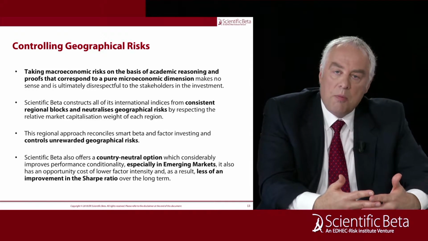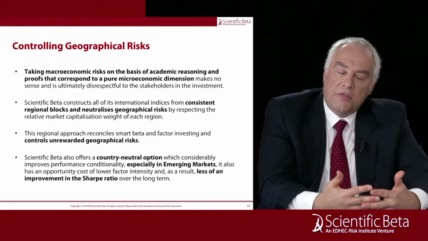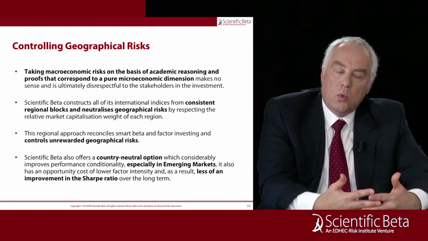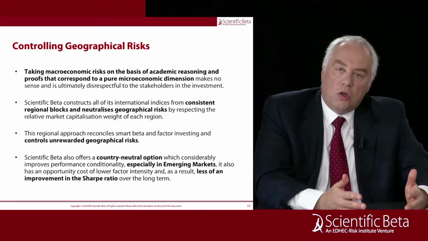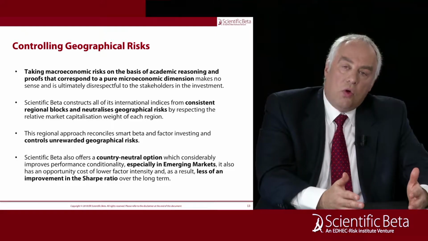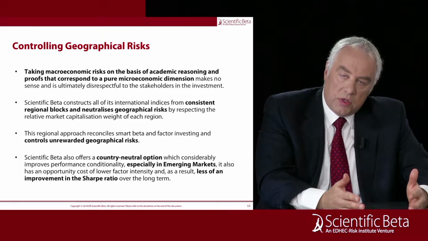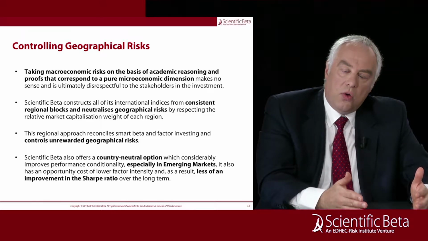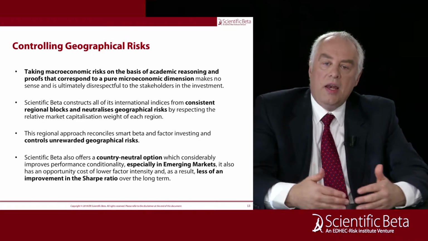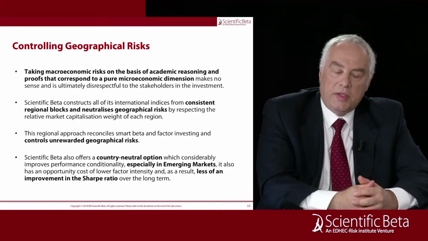So that is why at Scientific Beta, what we do is we create our factor strategies within regional blocks, and then in order to avoid taking macroeconomic risk with these micro factors, we simply neutralize those geographical risks by weighting the regions in line with the cap-weighted index.